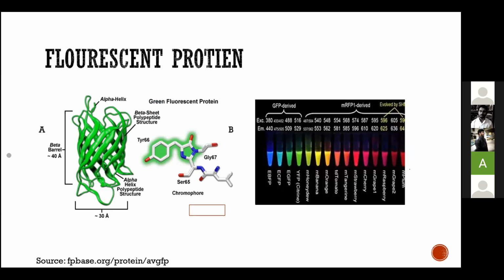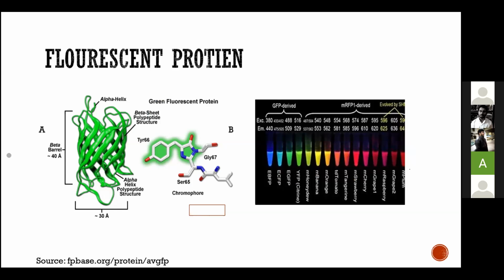This was the beta barrel structure of GFP, in picture A. There is this alpha helix chain that is protruding out at the top of the barrel, where you see alpha helix written, right?